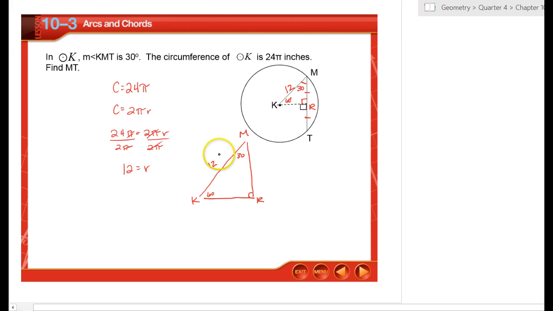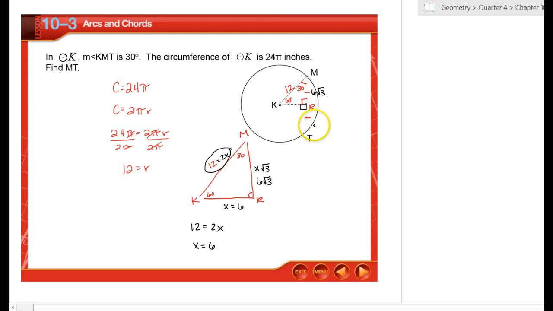Remember, opposite of a 90 is 2x, opposite of the 30 is x, and opposite of the 60 is x square root of 3. So using this right here, what I know, 12 is equal to 2x, x is 6. So that means this is 6 here, and this is 6 square root of 3.